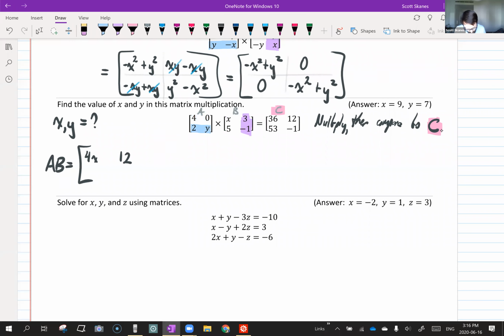The second row, first column, it's going to be 2x plus 5y. And then I'm going to have my second row, second column is 6 minus y. Okay, that's my multiplication. That means all of that is equal to this.